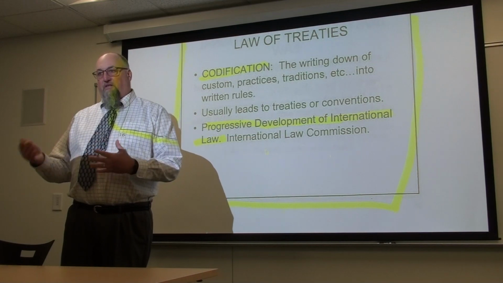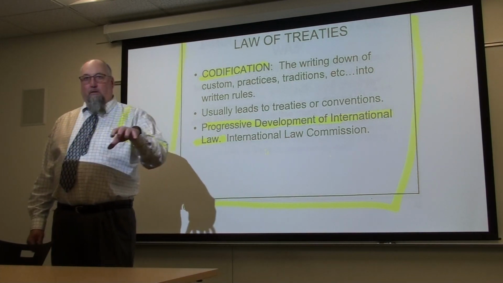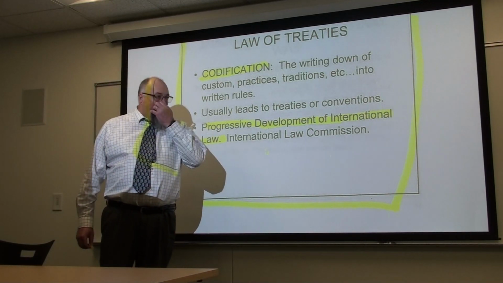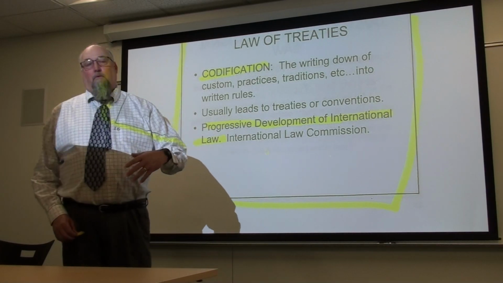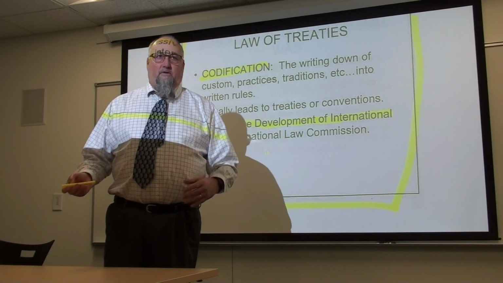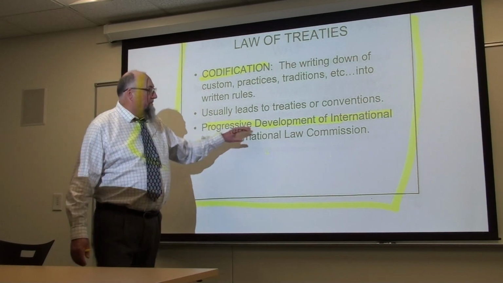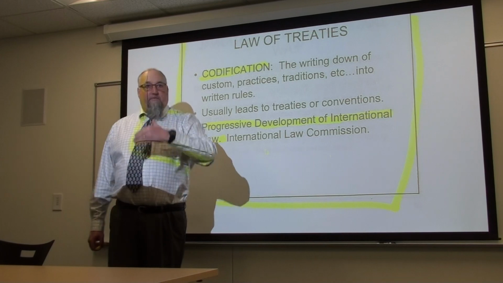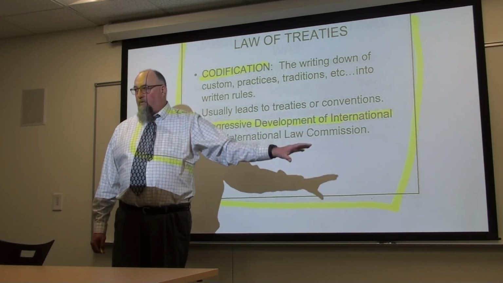To put rules in place now to try to get countries to agree on how things will be handled in the future, rather than waiting until problems develop and the countries then have to figure out retroactively how to solve the problem. So progressive development is the idea of being prospective. That means looking forward rather than retrospective, which means looking backwards.